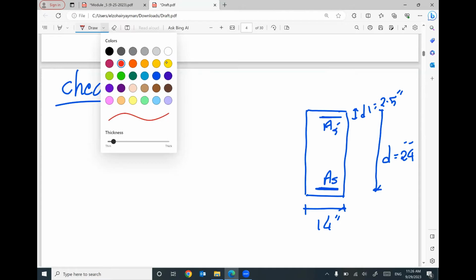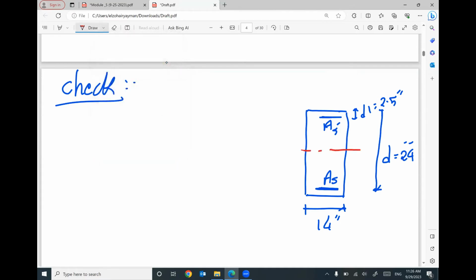And we have a neutral axis. This neutral axis is at distance C. Can anybody in this meeting tell me what is the value of this C? The depth of the stress block, A, equals beta 1 times C. Do you remember this expression?